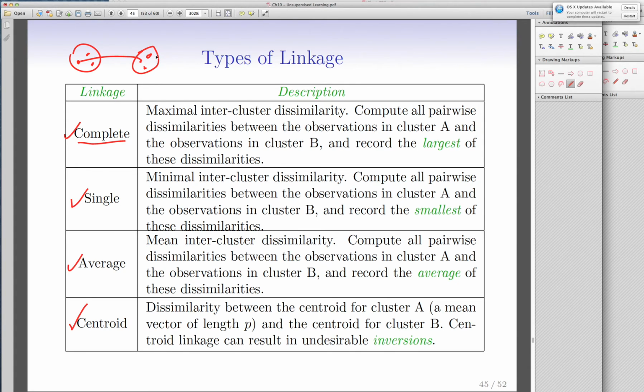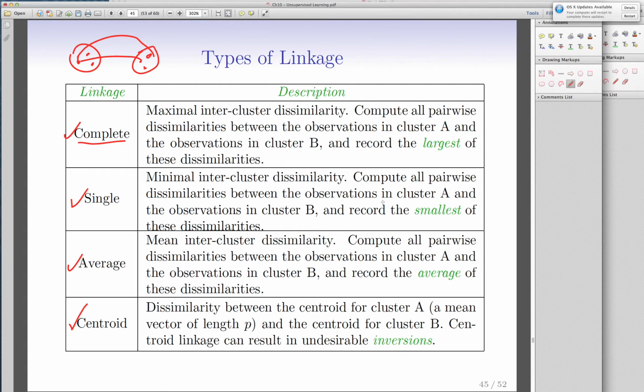So for complete, we will choose the distance of this guy and this guy. These have the largest dissimilarity. So that will be the linkage distance of these two. In single, we find the minimal intercluster dissimilarity.